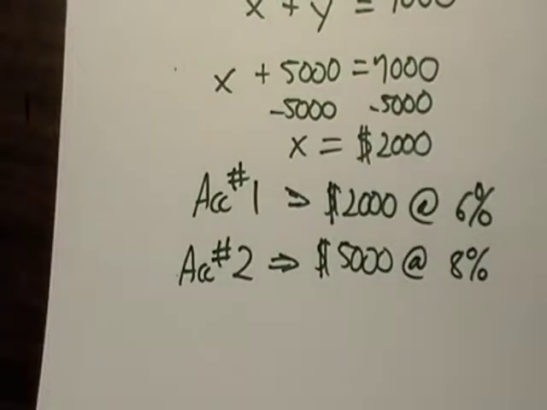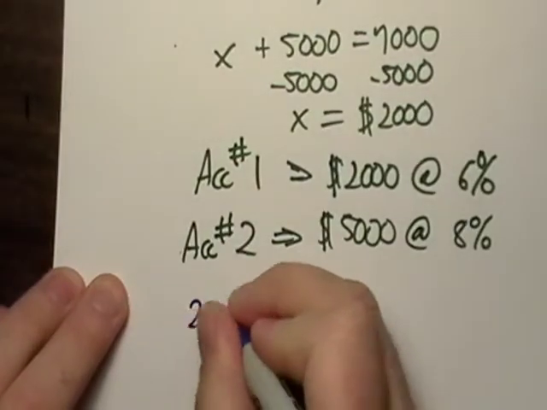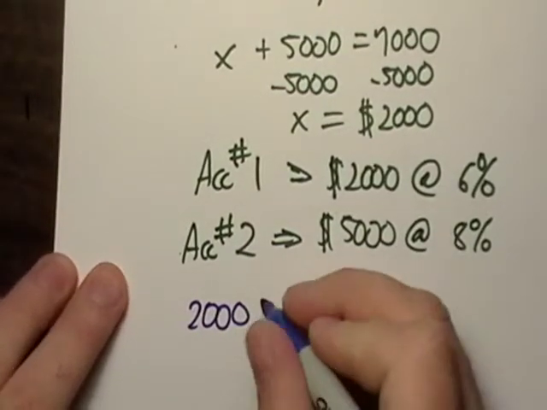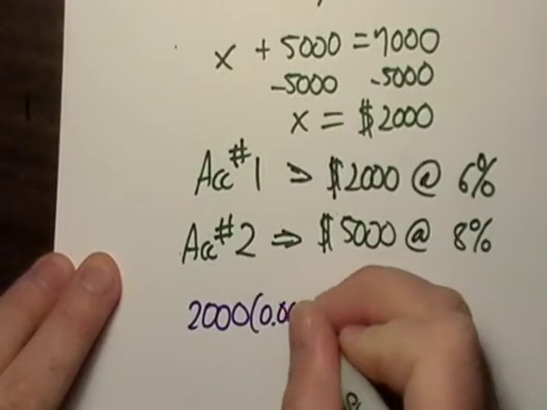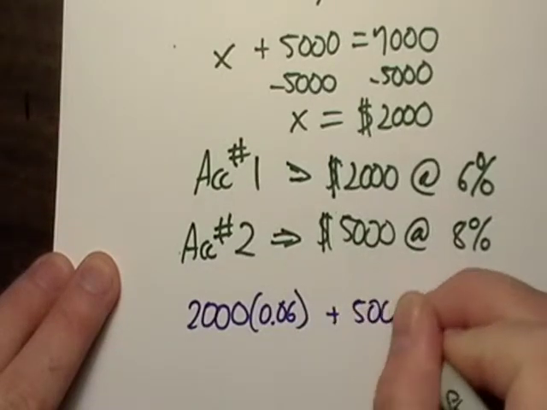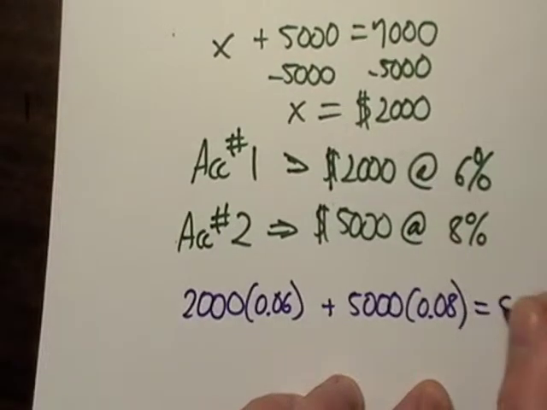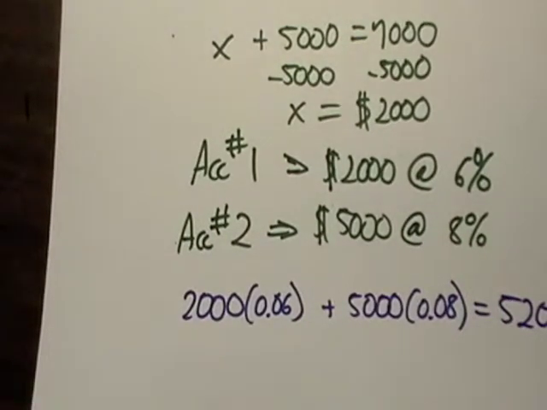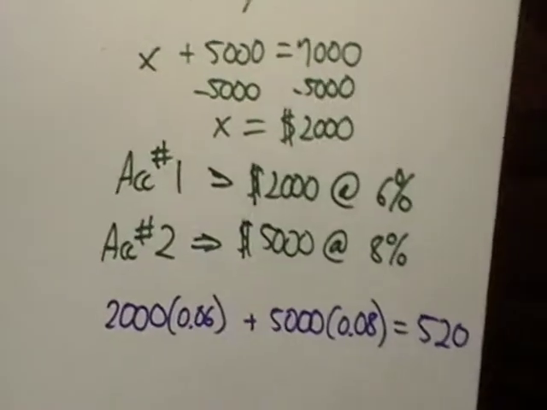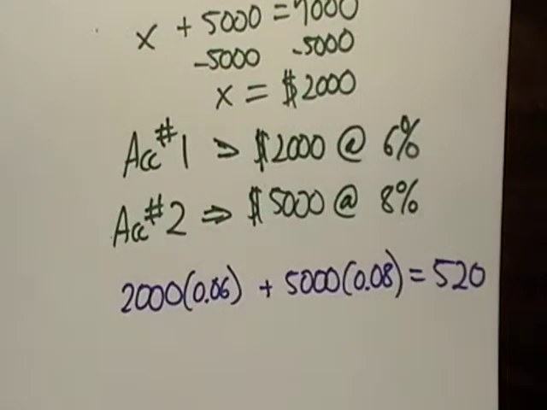So if we did everything right, we should be able to check our answer here. 2,000 times 6% plus 5,000 times 8% better equal 520, or else we didn't do something right.